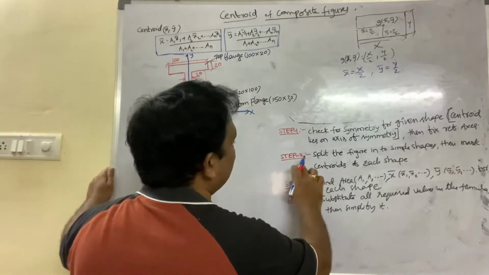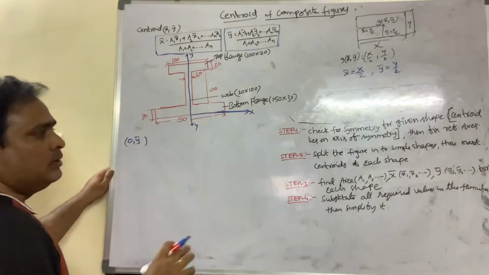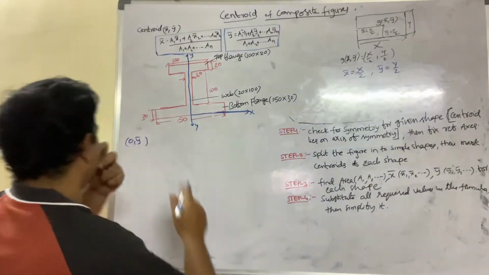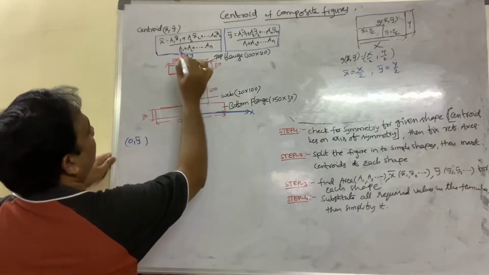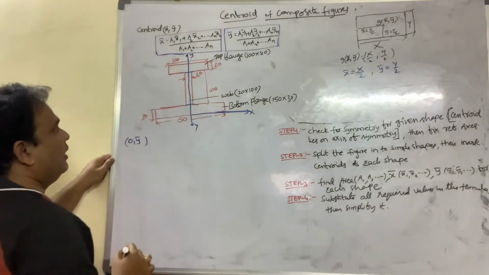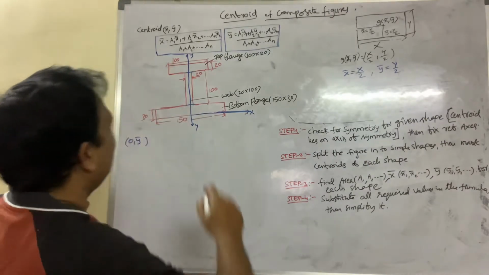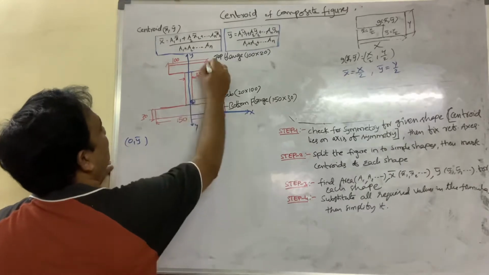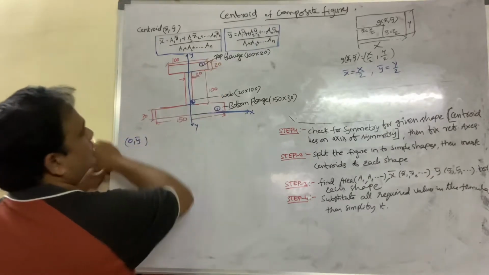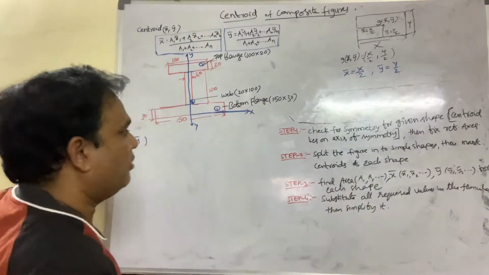Then move to step 2. Split the figure into simple shapes, then mark centroids of each shape. By drawing lines like this, I can separate this figure into a combination of 3 simple rectangular shapes. Let us say this is the first shape, second shape, and this is the third shape. In the same way, mark the centroids.